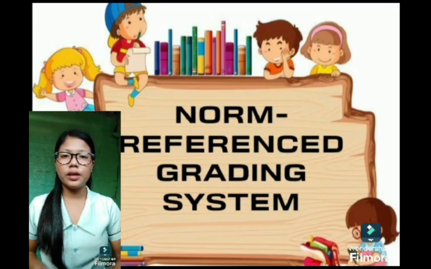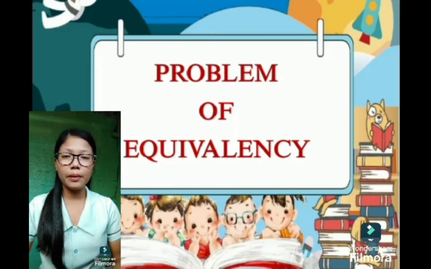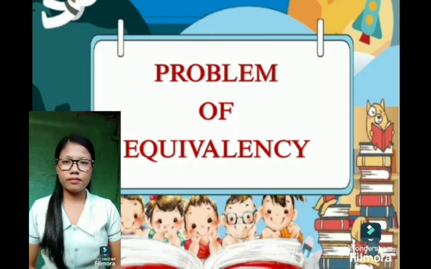Students will prefer to join class A since it is easier to get a high score in that class rather than in class B. So this example illustrates one difficulty of using the norm reference grading system. This problem is called the problem of equivalency.